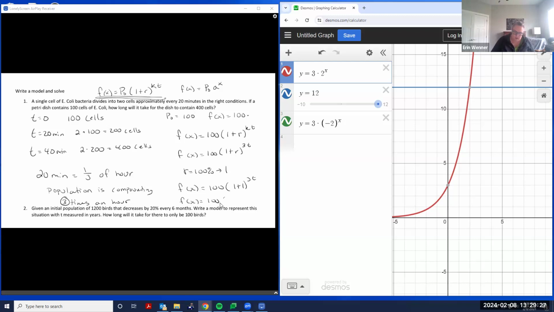So you can see how when I was talking about that P sub 0 times a to the x, that's a good model, but it doesn't take into account the fact that it is being compounded per unit of time, right? And so we need to tell ourselves that T is in hours.